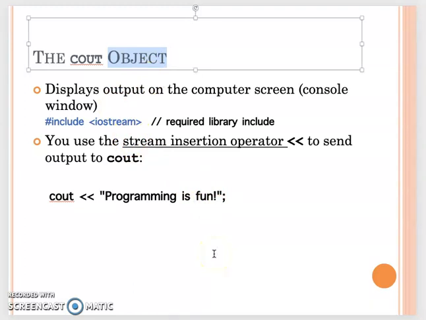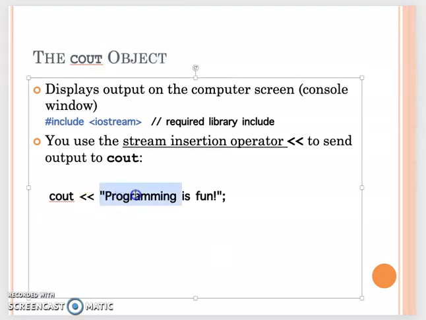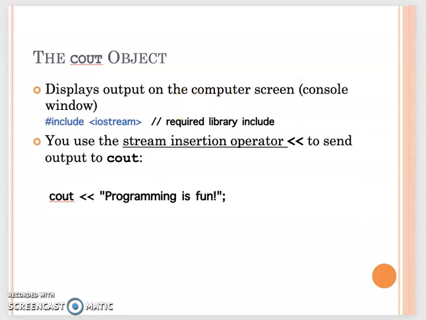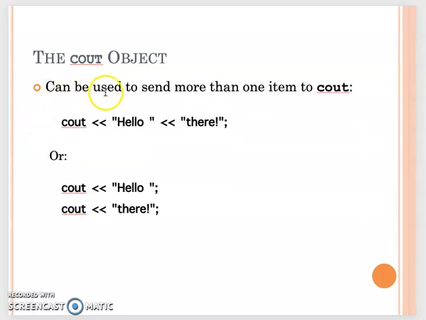We won't talk about that until later, after some simple introduction of objects. For now, just keep in mind the term object. Whatever you want to display to the console, you insert into the cout. The program will run and display that information as output on the screen. You can also send more than one item.